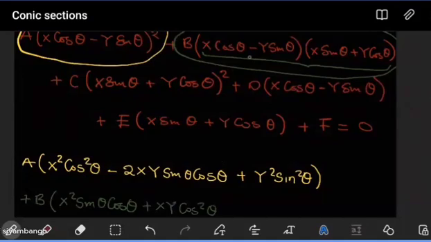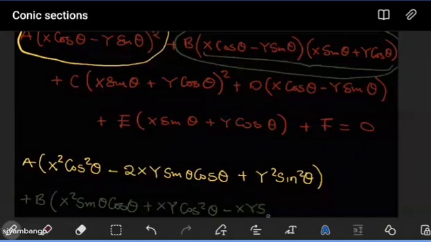Now I'll come with a minus sine, minus y sine. Minus y sine multiplies x sine, which gives us minus xy, but it's sine multiplying sine, so this would be sine squared theta. Next, minus y sine multiplies plus y cos.